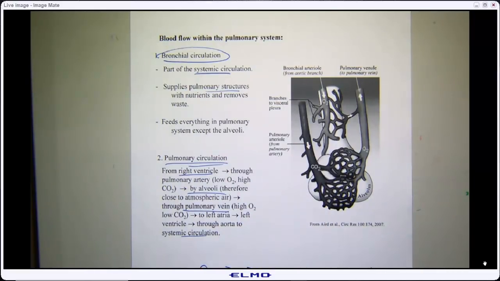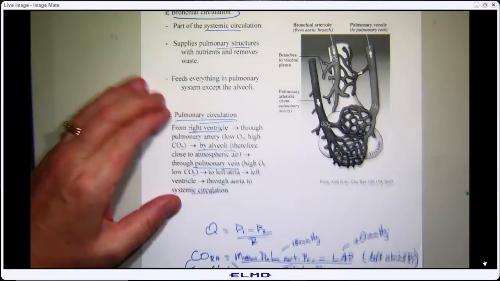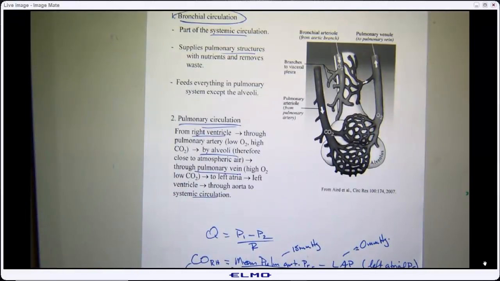It's your classic arteriolar vasculature, which can vasoconstrict, your capillary bed, which can cause fluid flux, et cetera. So you know an awful lot about that circulation already. The pulmonary circulation, though, is the circulation that goes by the alveoli, our pulmonary capillary bed.